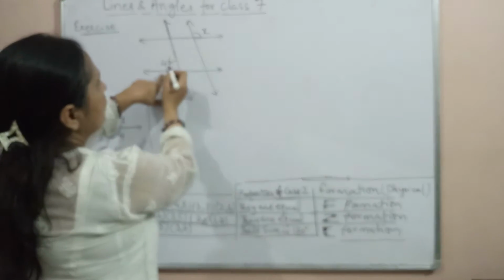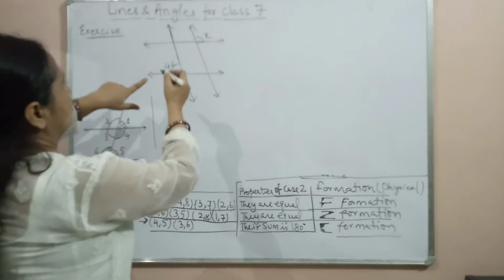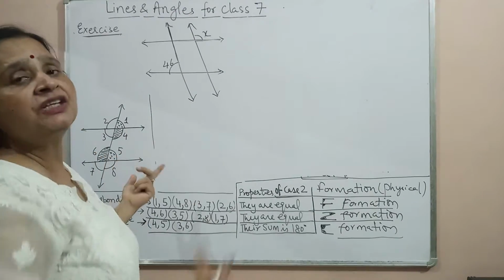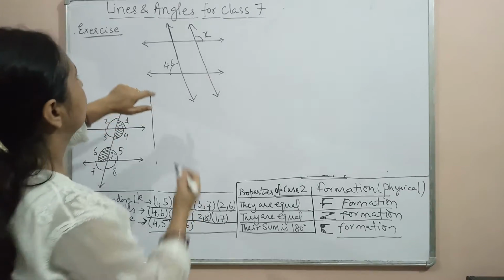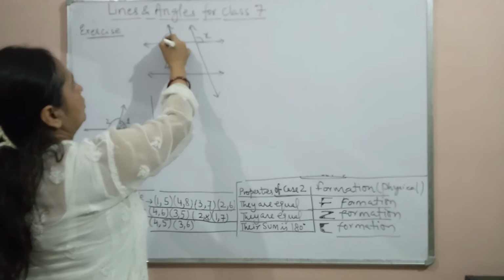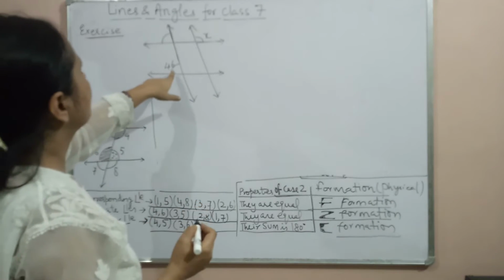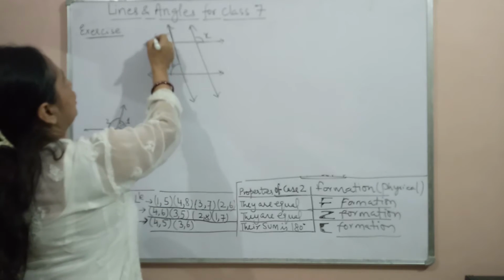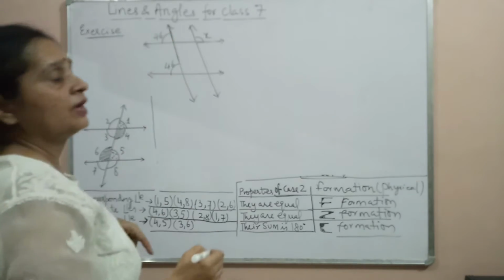Now we have been given a value of this angle and this angle. Again, we don't have a direct connection between these two, but we have a direct connection with some other angle. Suppose this angle is directly connected with this angle because it is corresponding angle. Alright. Now if this is 46, this will also be 46, right?